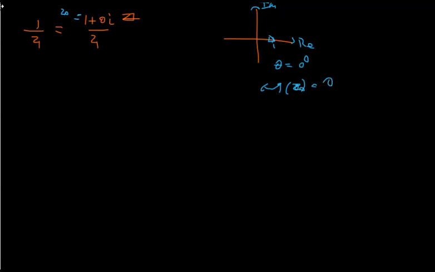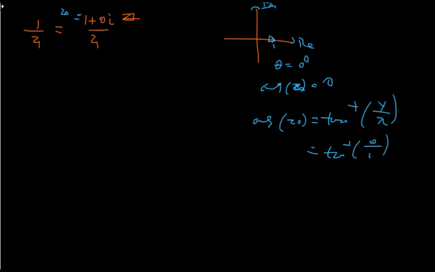Or you can even say the argument of z naught is equal to tan inverse of y over x. This is the same as tan inverse of y is 0 while x is 1. So the only angle that this gives you is 0 degrees.